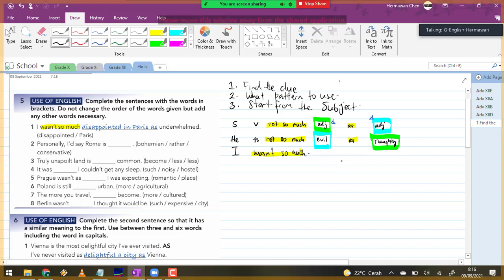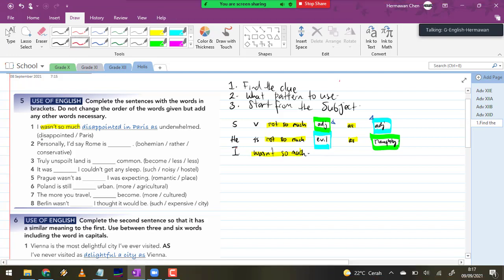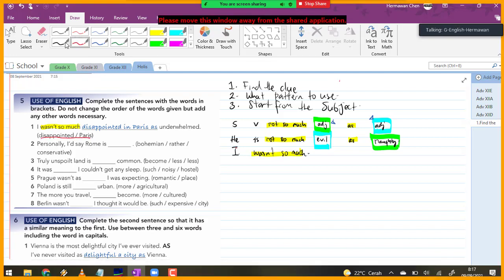What do you have to do in the blank? Guys, follow the pattern. Right after "wasn't so much," you have to find the first adjective. Where is the first adjective? Here in the brackets. Yeah, this is what you have to put. Let's put it here. Disappointed in Paris.